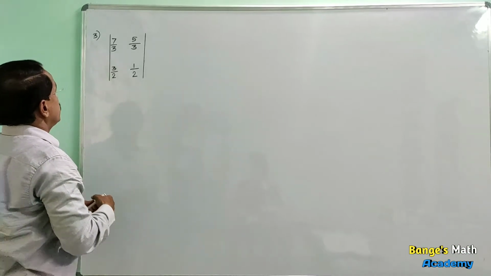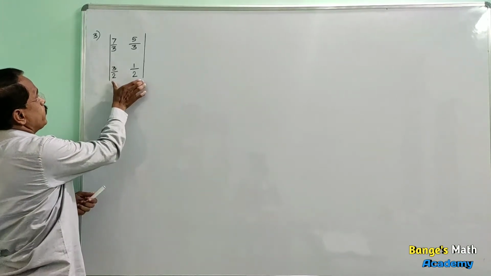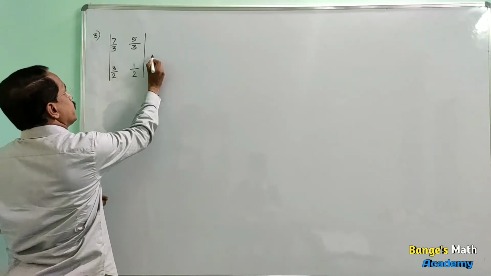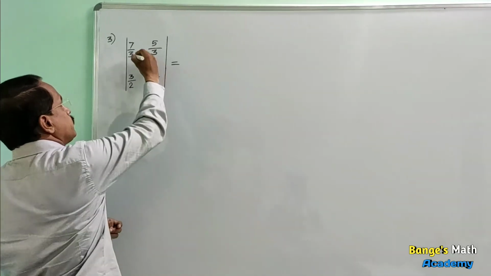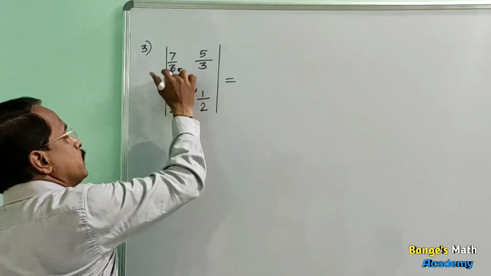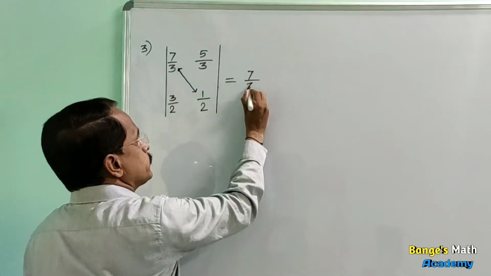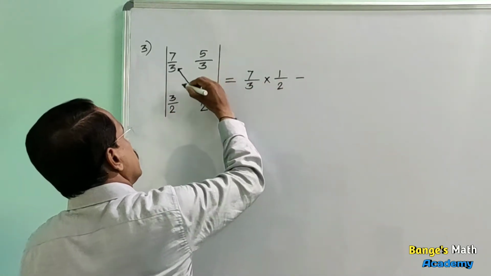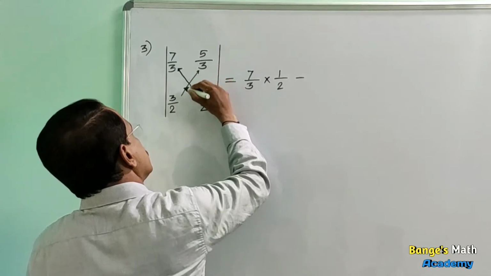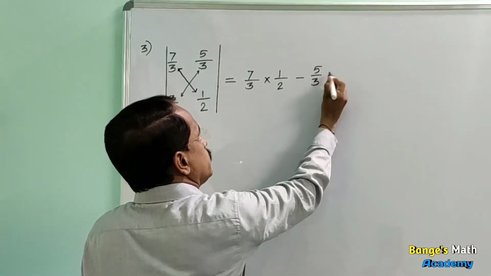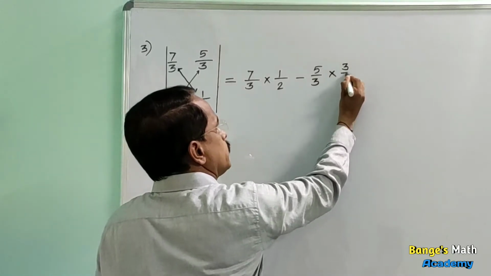See the next example. To find the value of this determinant, take the product of 7 upon 3 into 1 upon 2, minus the product of 5 upon 3 into 3 upon 2.